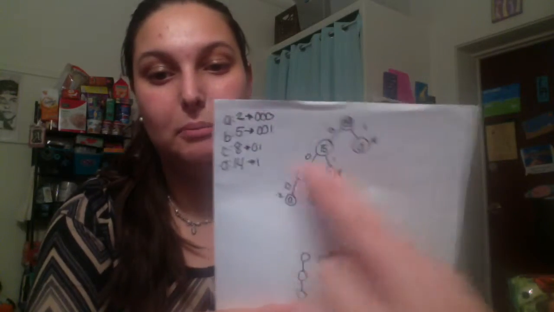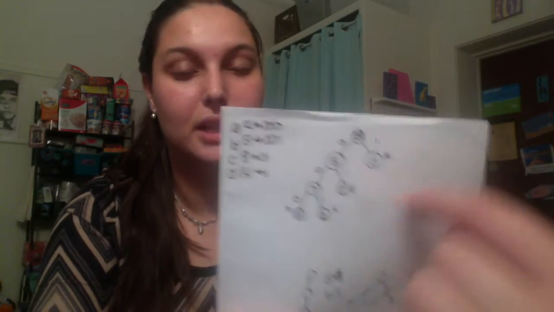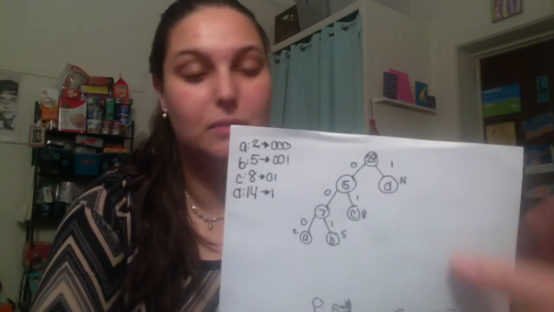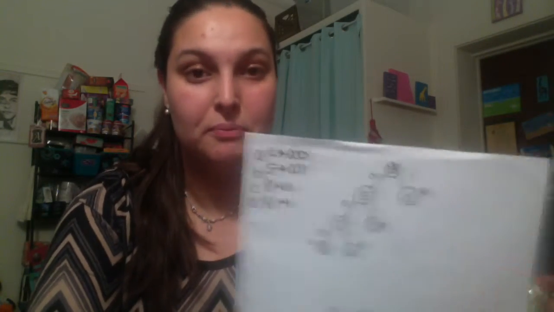That would be significantly longer than the 8 characters, right? It would be like 26, because you split the tree too many times. However, since we used the ones that were the least frequent at the bottom and the most frequent at the top, it still saves us space, because the shortest ones, the most frequent ones, are so much shorter.